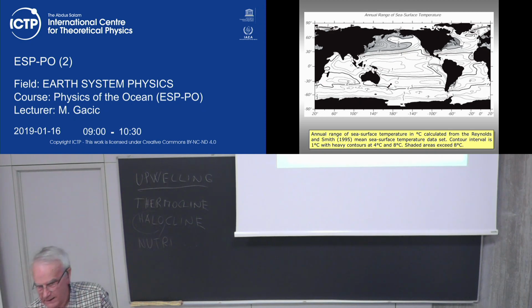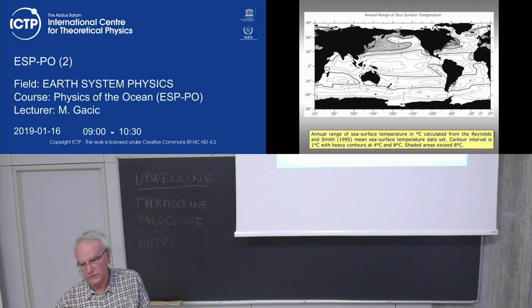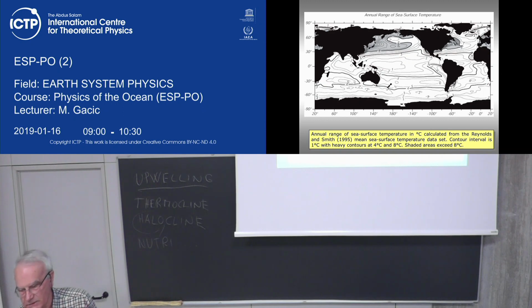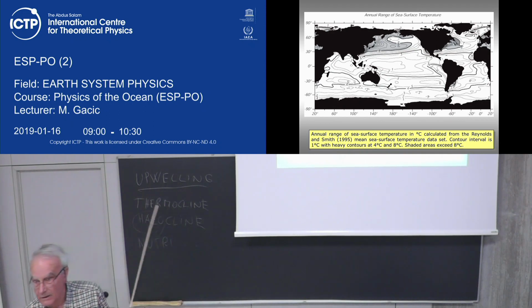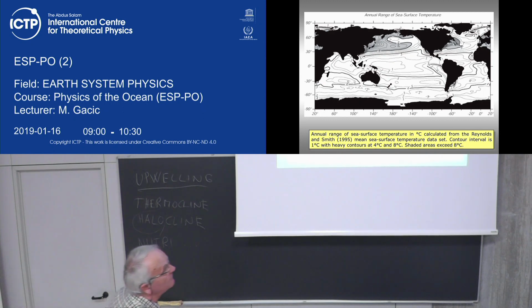The annual range on the continent is larger, obviously, than on the ocean, and we have a relatively small water mass present there, and this is why we have the large annual range. This is obviously not the same thing as here, where you are in the middle of the ocean, far away from the continent, and then your annual range is very, very low.